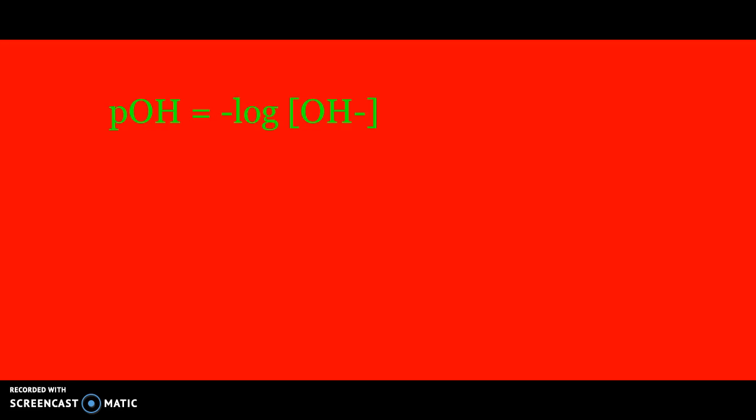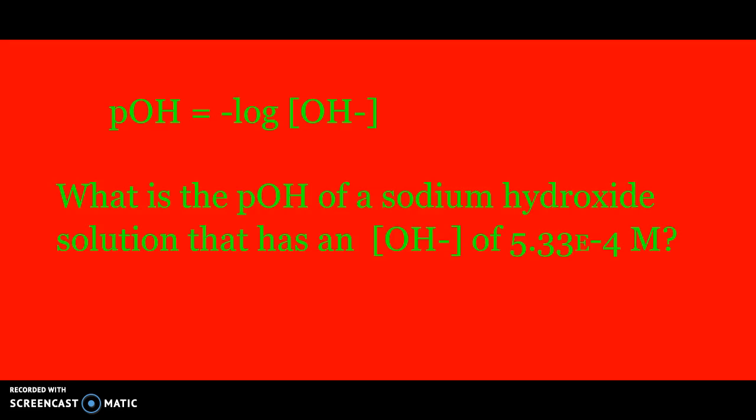So now this is a measure of the base, or how basic a solution is. So let's have an example, of course. What is the pOH of a sodium hydroxide solution that has a hydroxide ion concentration of 5.33 times 10 to the minus 4th molar? Well, we already know how to do that, so let's quick set it up.